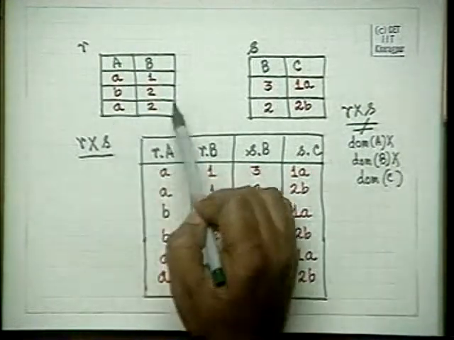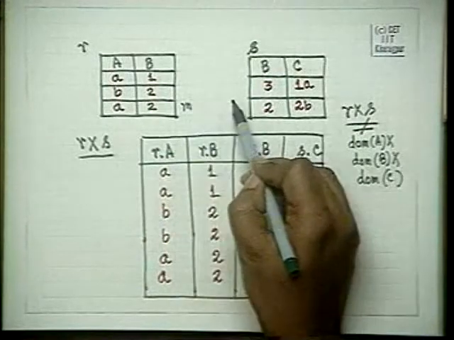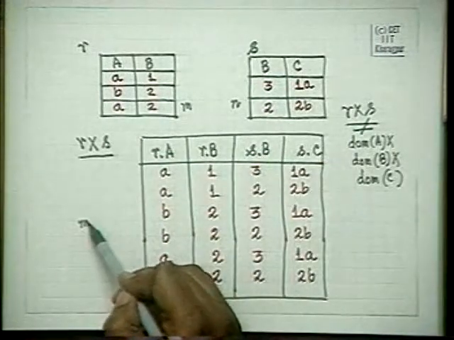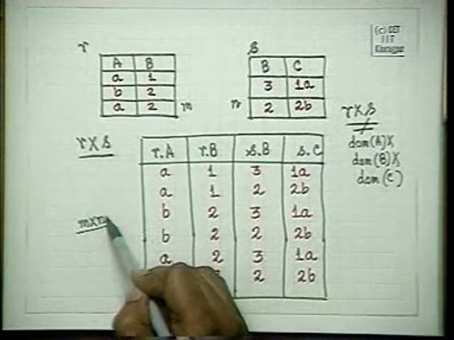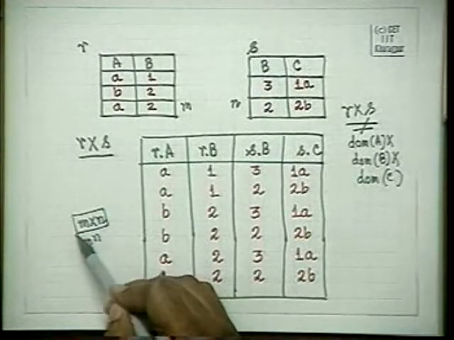If this has got m elements and this has got n elements, then this will have m into n elements, or mn elements.